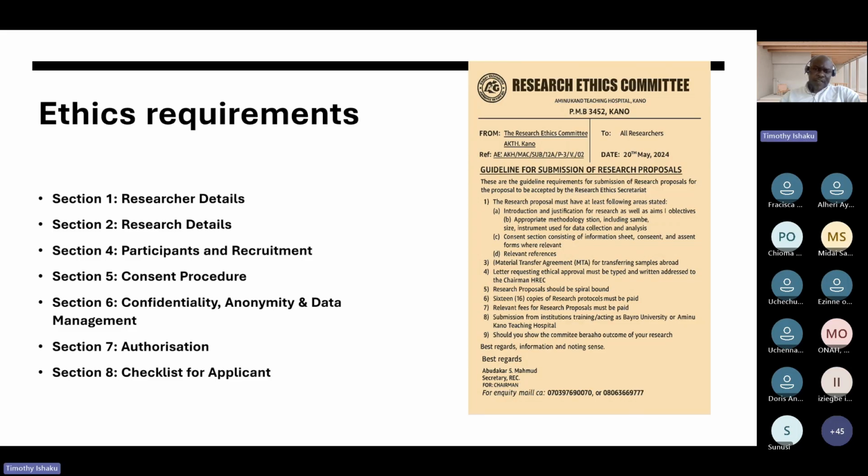Risks should be minimized and potential benefits maximized. And that is why in research processes, sometimes it might not be justifiable to deny treatment to people who are ill or need treatment, on the basis that you want to do your research and compare them with others without a treatment.